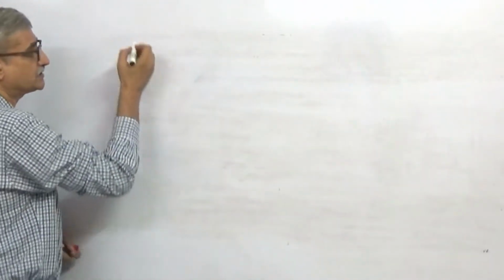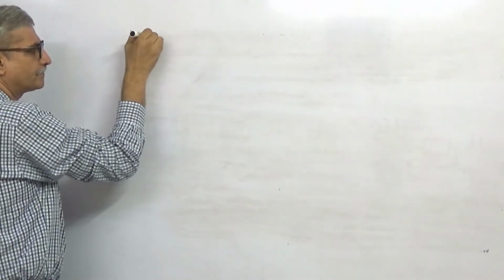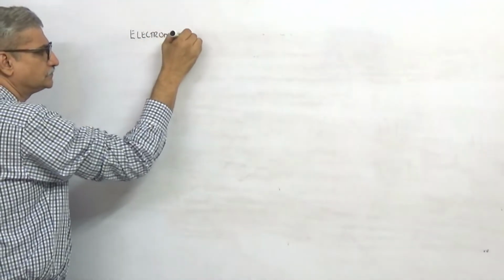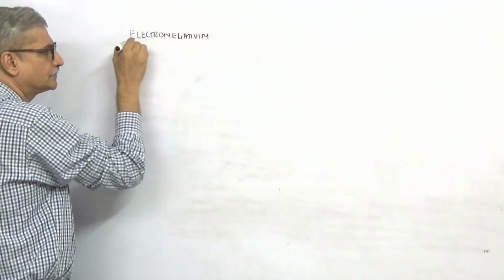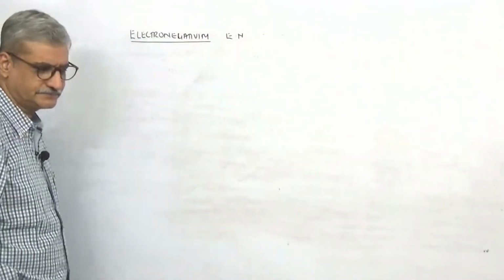The next is electronegativity. A lot of story has to be discussed over here. Electronegativity is given by the words EN, electronegativity.